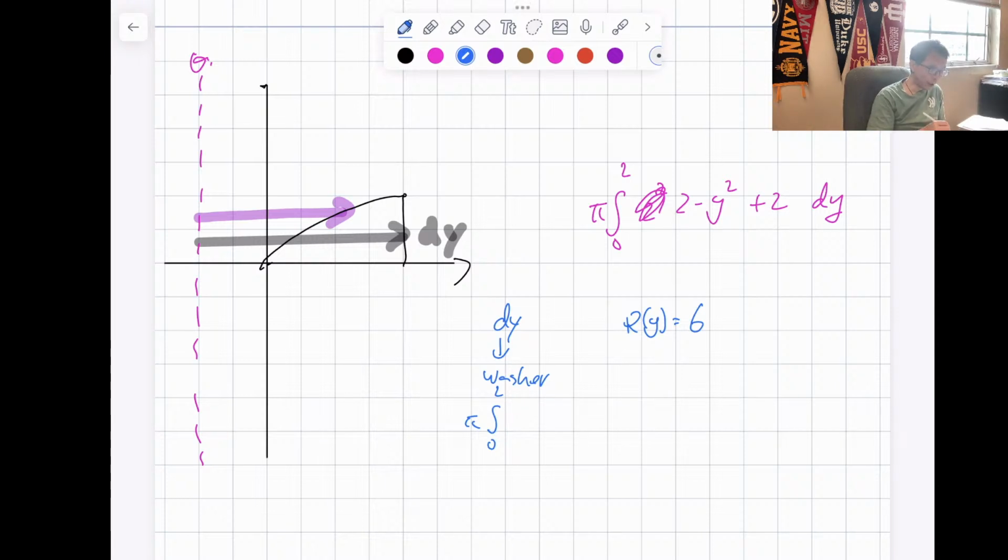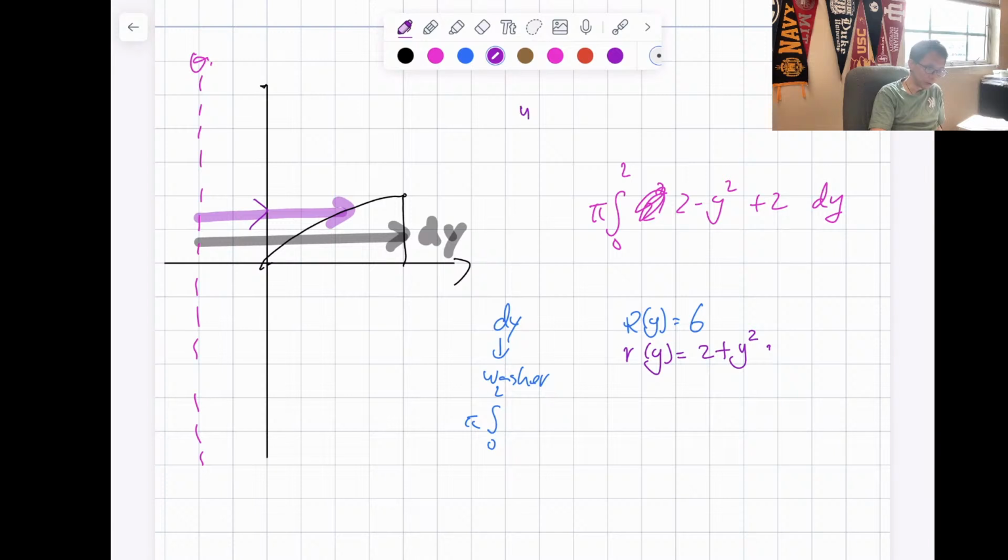Now for the purple line, I would like to draw 2 lines. I'm drawing this and that. So r of y is going to be 2 plus y squared, right?